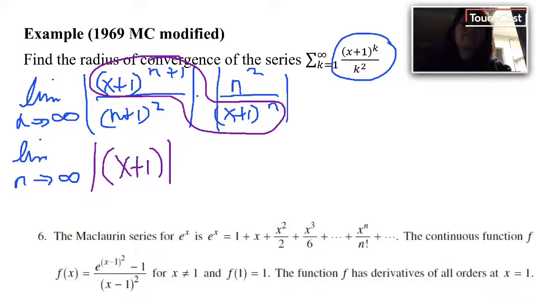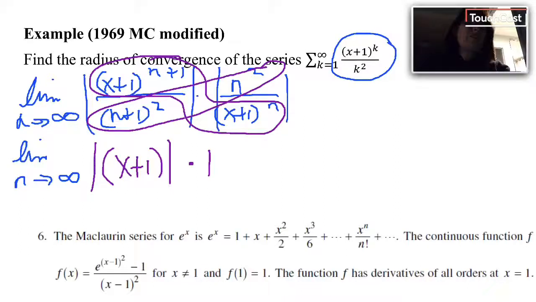So I'm going to take the limit as n goes toward infinity. I could multiply out n plus 1 squared, but the term that's going to dominate in the denominator is the n squared term, and the term that's going to dominate in the numerator is the n squared term. As n goes toward infinity, they're going to approach a ratio of 1.